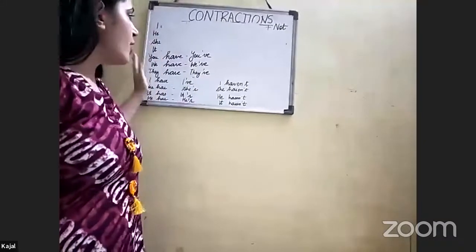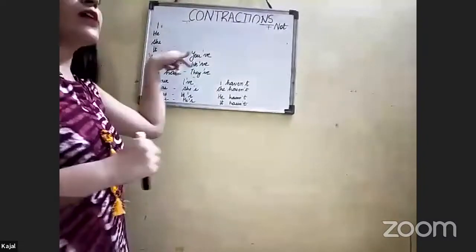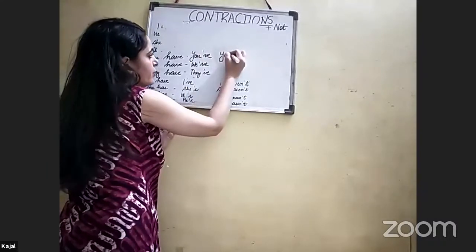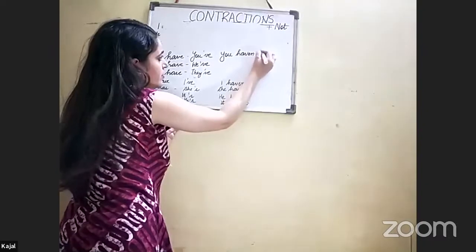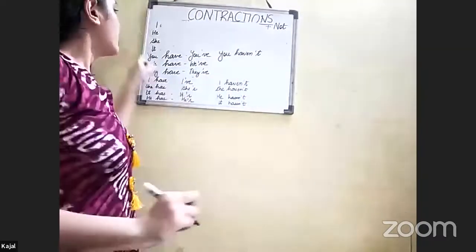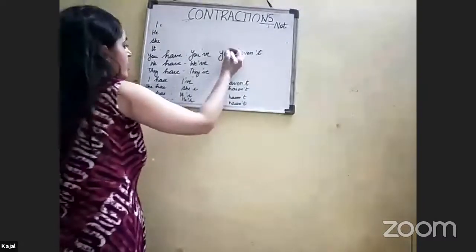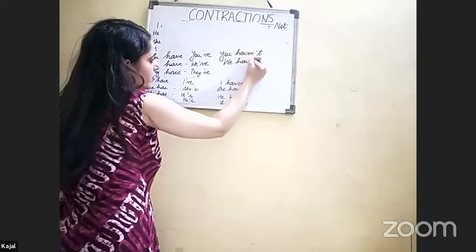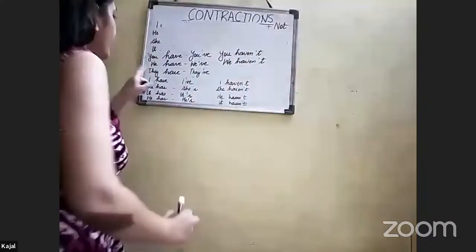Okay. So now let's see the negative ones. So negative will be you have not. So it will be you haven't. You have not will be you haven't. We haven't.